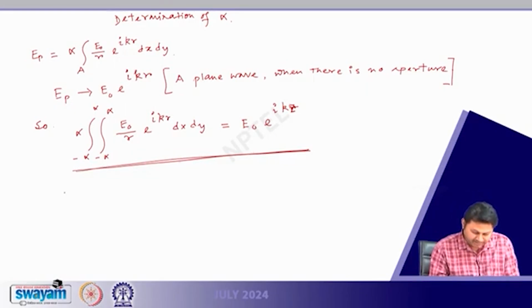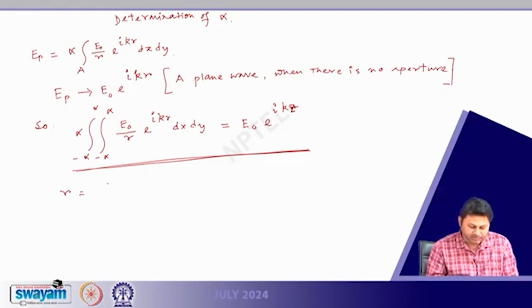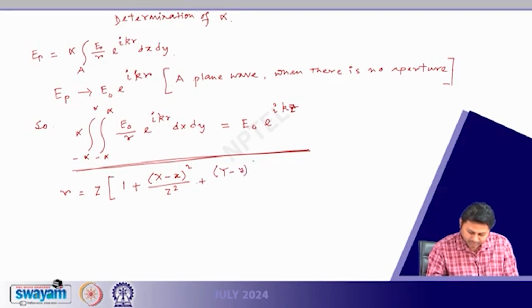So let us write r here. If you remember, it was big X minus x whole square plus big Y minus y whole square plus z square. So if I take z common, then it should be z times (1 plus (big X minus x) square divided by z square plus (big Y minus y) square divided by z square), whole to the power half.